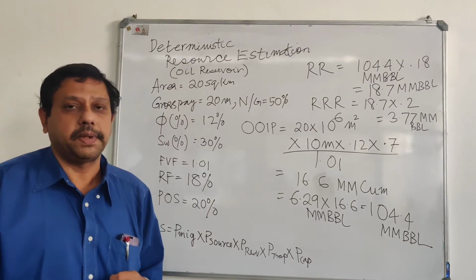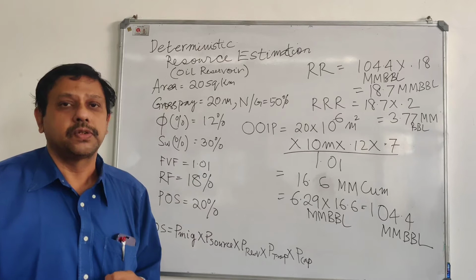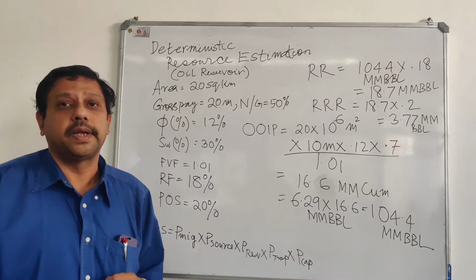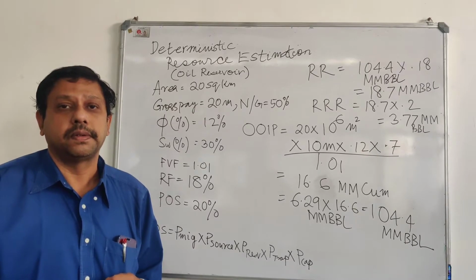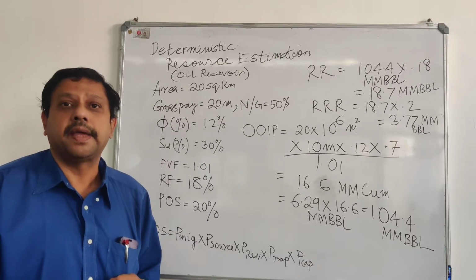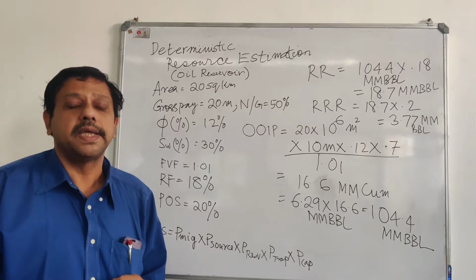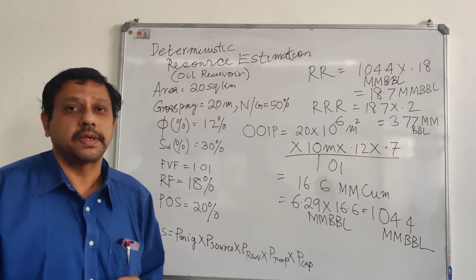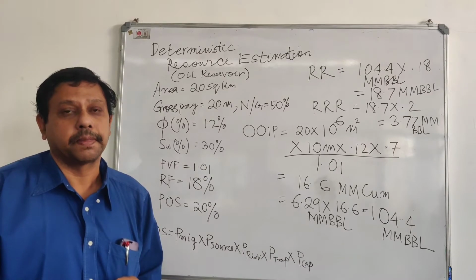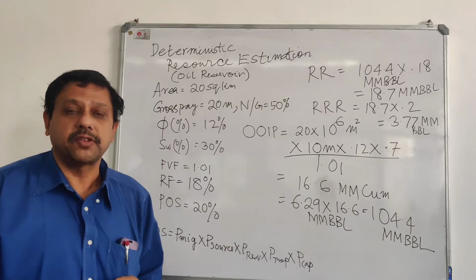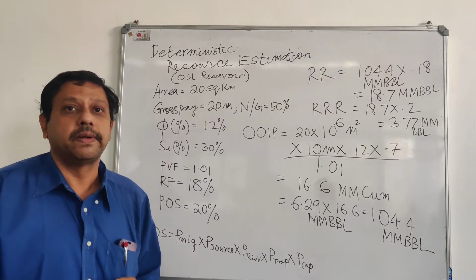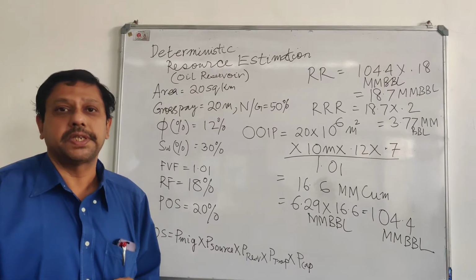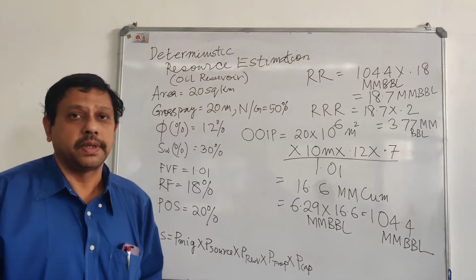The next three parameters, that is porosity, saturation and net pay thickness, are calculated from the well log. Formation volume factor and recovery factor are engineering aspects calculated from reservoir engineering and production data. So an understanding of exploration, reservoir and production engineering can give you a holistic picture of resource estimation.